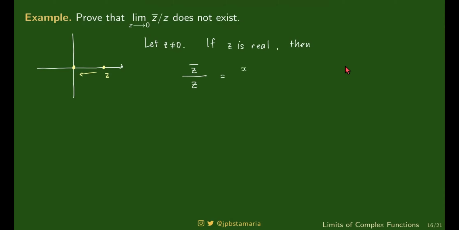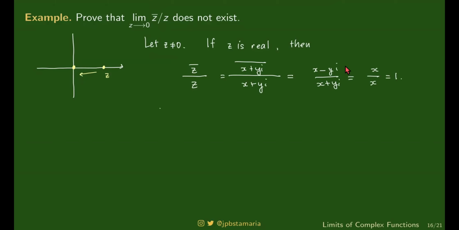Ang itsura niyan parang x plus yi bar over x plus yi, right? So parang x minus yi over x plus yi. But z is real, so ibig sabihin yung y ay 0. Kaya ang maiiwan dito will be just x over x. And because z is not 0, yung x mo hindi 0, so therefore this is just 1.